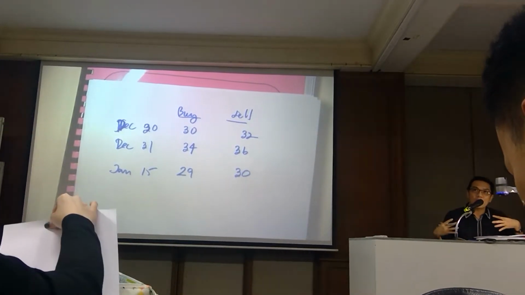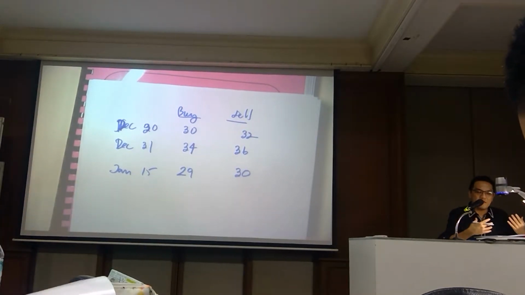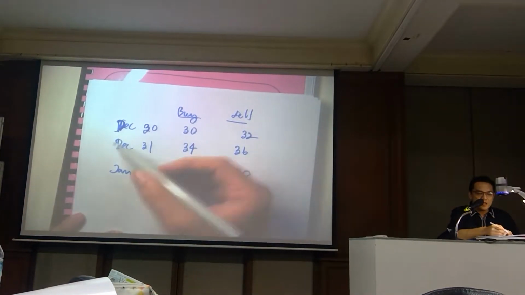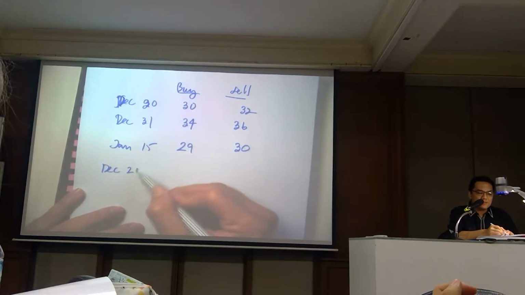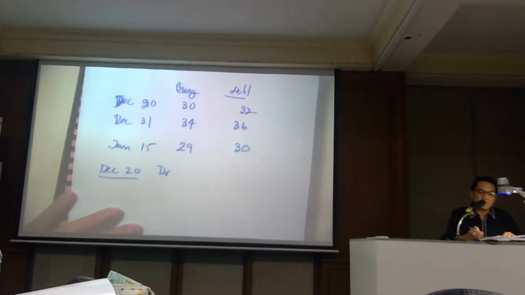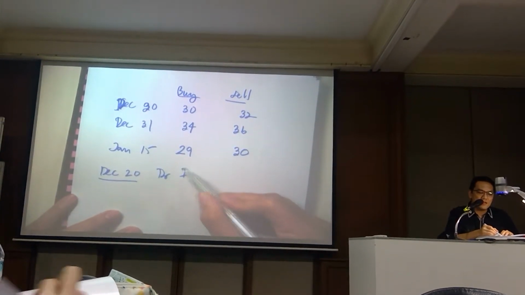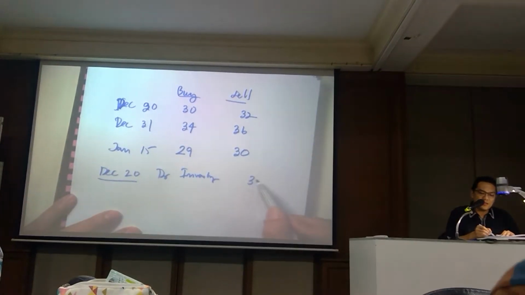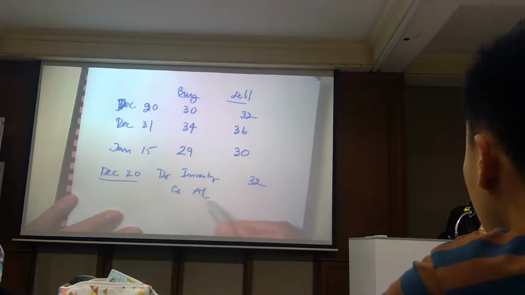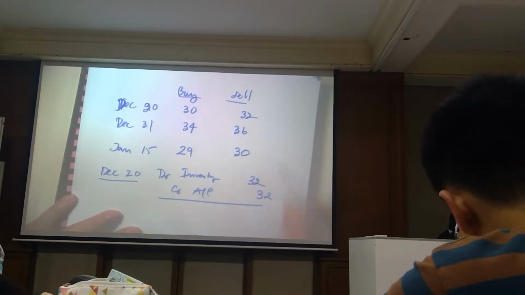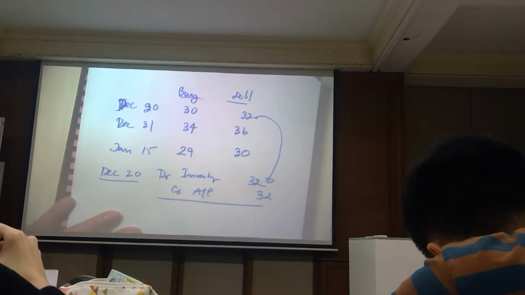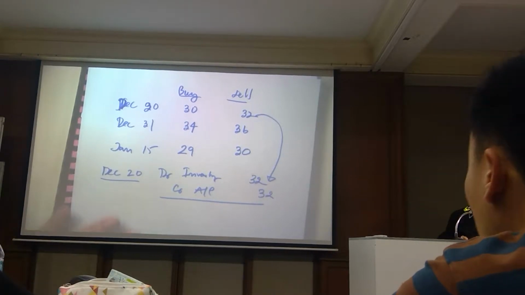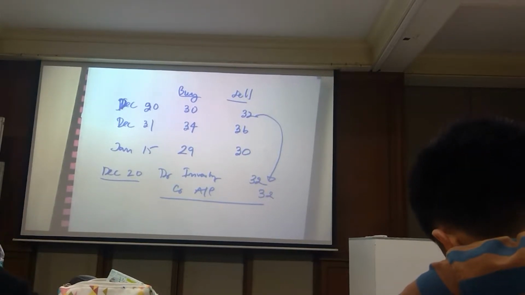This is the exchange rate across the period that we need to look at. On December 20, this is what you buy. Debit inventory for 32, credit AP for 32. You use this exchange rate to record.